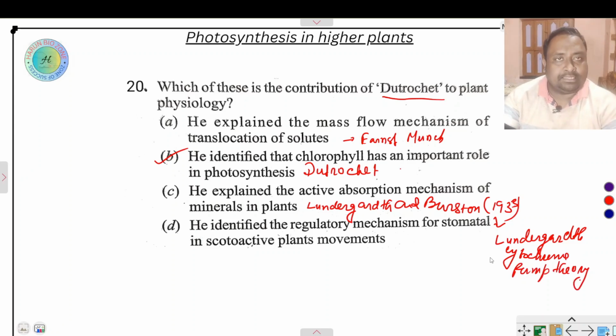Okay, Lundegardh and Burstrom in 1933 proposed the process of absorption of minerals by plants from the soil.